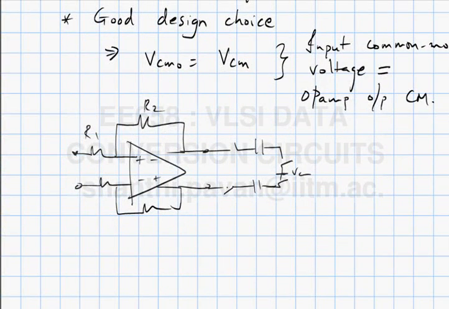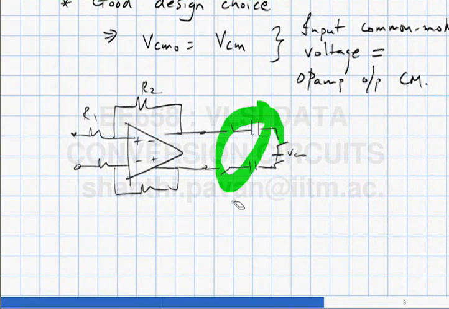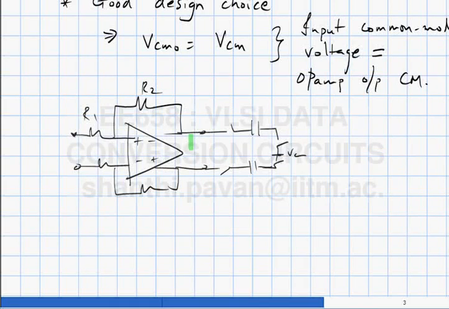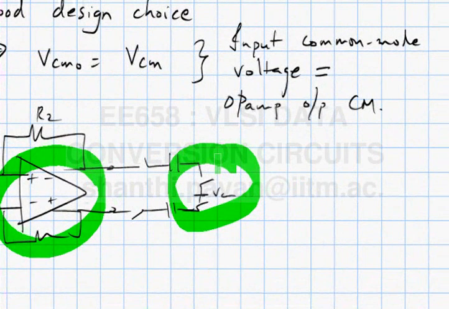If you have to compare apples to apples, a couple of issues. One, of course, is that this op amp now has to drive a switching load, right? And you anyway need an op amp to buffer, to make sure that the voltage on this capacitor is not lost because charge is being sucked out.